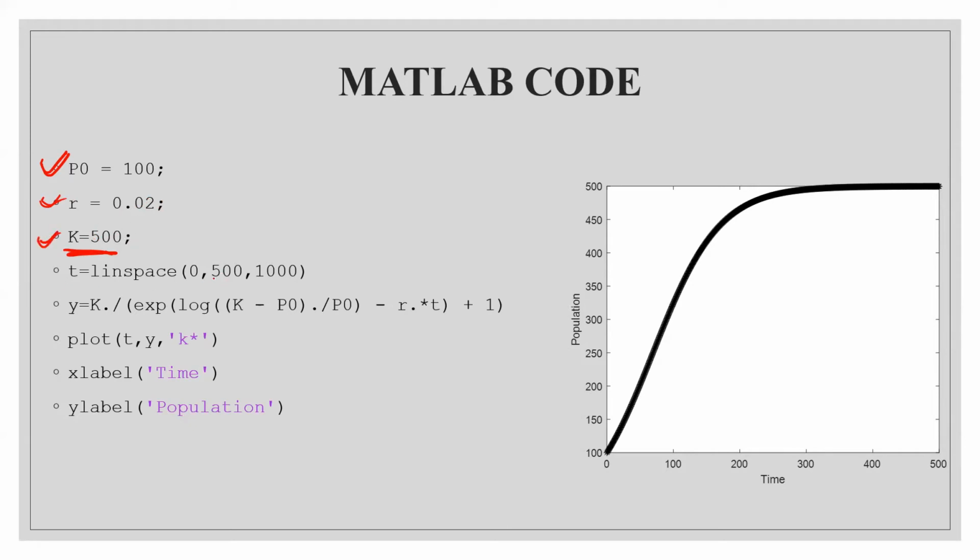Time T is from 0 to 500 with 1000 points in between, so it will calculate all values of y and t, and plot them correspondingly. This one is again the x label, y label. So this figure is also clear to you.